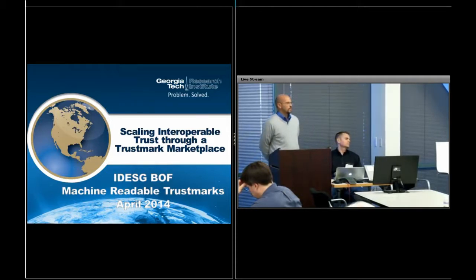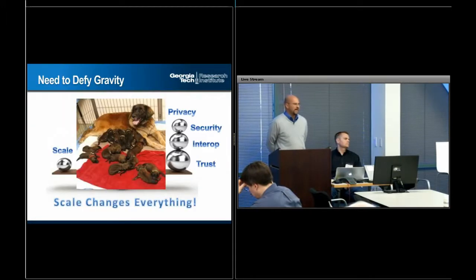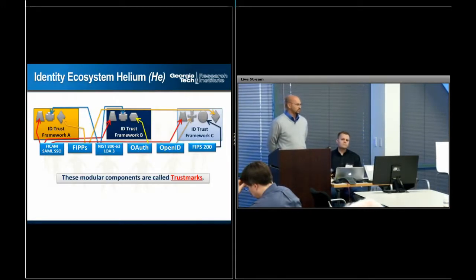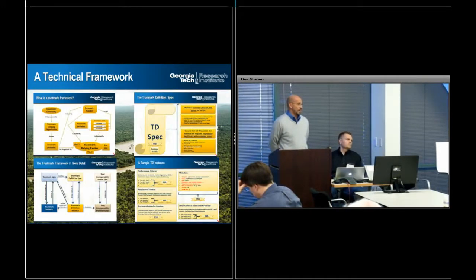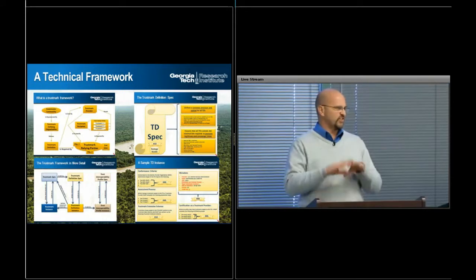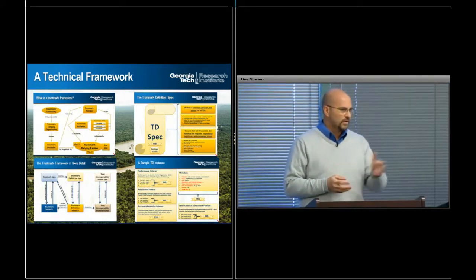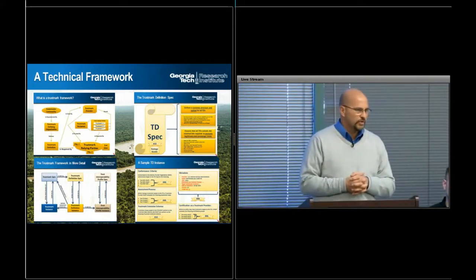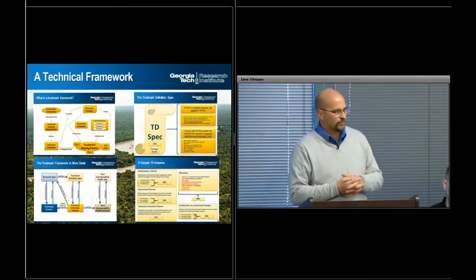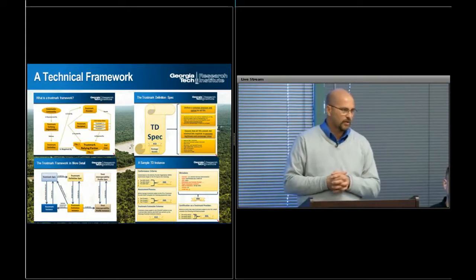Yeah, so I think that's part of getting the right term to represent what we actually mean by this, and the current term is adding confusion. That's part of the reason we're doing this. As we go through this, you're going to see exactly what we mean by a trust mark. There are several different examples. You can have them for technical aspects, for example the FICAM SAML single sign-on profile.